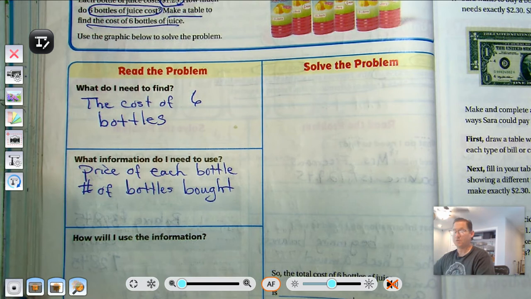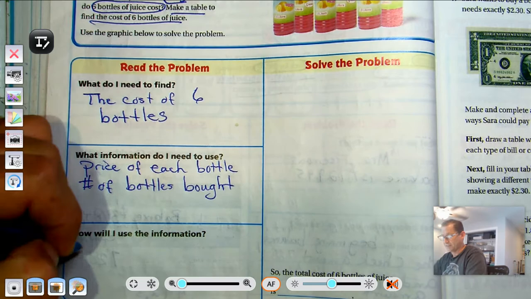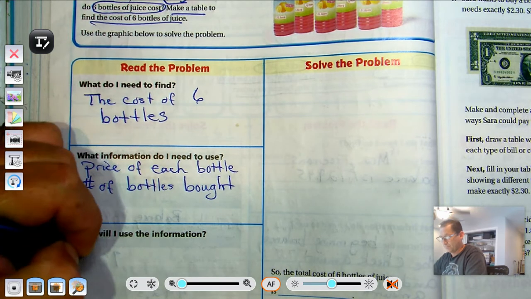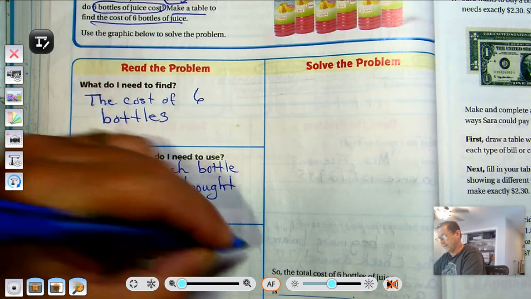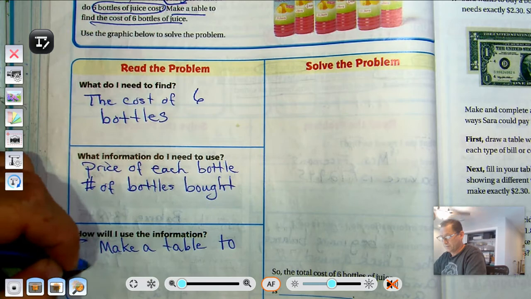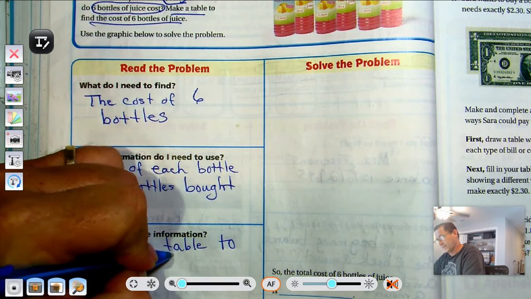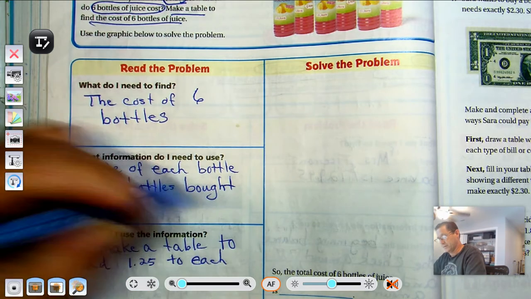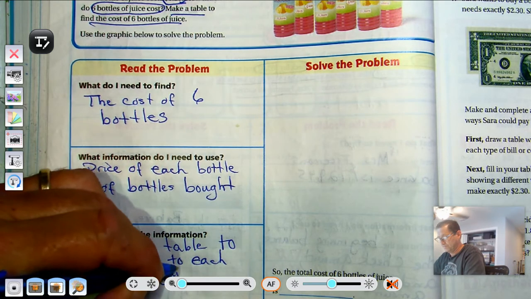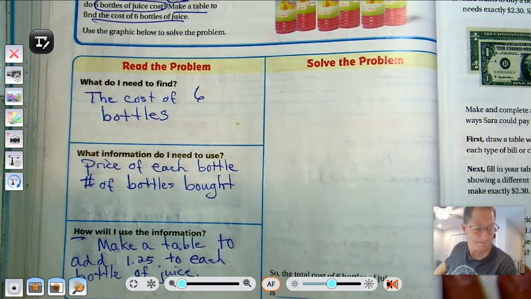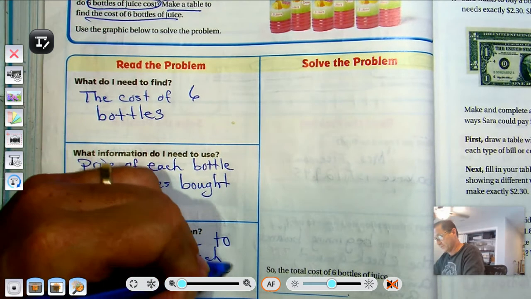How will I use that information? So remember, in this lesson, the strategy we're learning how to use to solve these problems is to make a table. So make a table to add $1.25 for each bottle of juice, to get the total cost for 6.